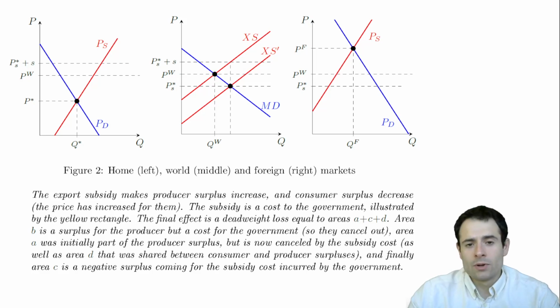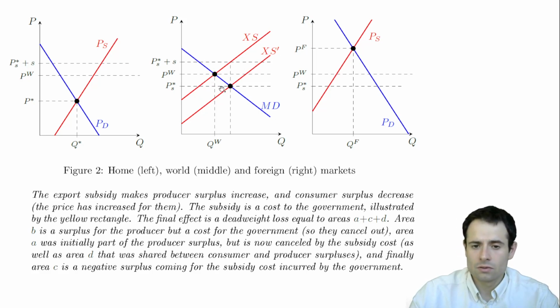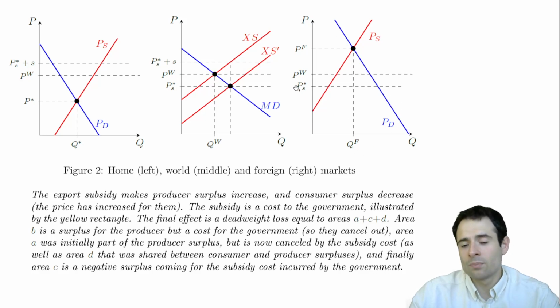Looking at the new equilibrium price, this is going to be P star S, where the new export supply curve meets the demand. Now, this is the price that is going to prevail abroad. So this is the price that foreign customers will pay when they import from the home country.